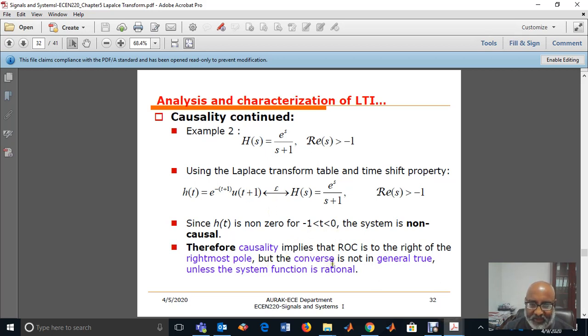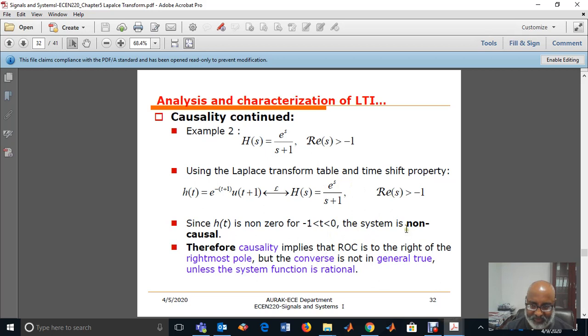Therefore, causality implies that the region of convergence is the right of the rightmost pole. If a system is causal, we know that its region of convergence is to the right of the rightmost pole. But the converse is not true, which means a system which is having a region of convergence to the right of the rightmost pole is not necessarily causal.